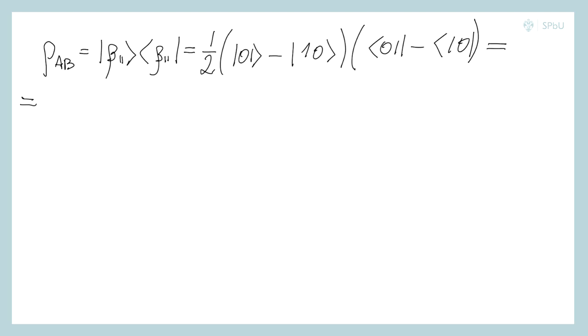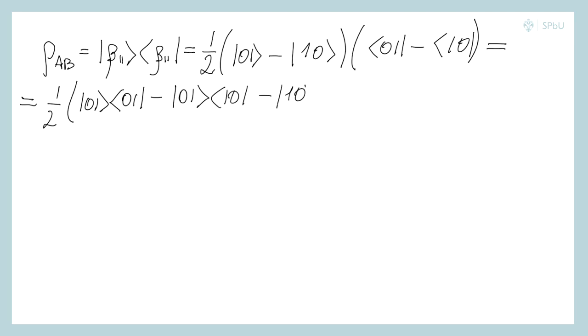This equals 1/2 (ket 1,0 bra 0,1 ... ket 0,1 bra 0,1 minus ket 0,1 bra 1,0 minus ket 1,0 bra 0,1 plus ket 1,0 bra 1,0).